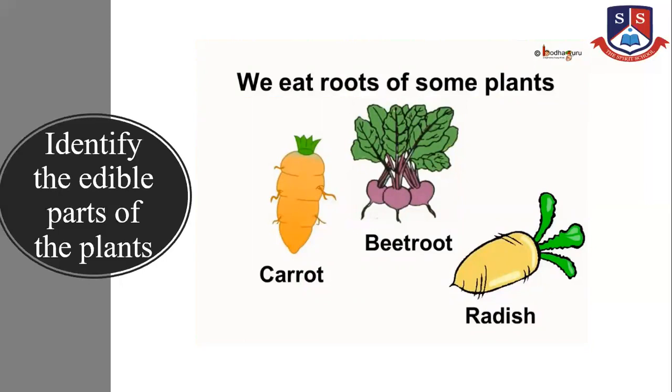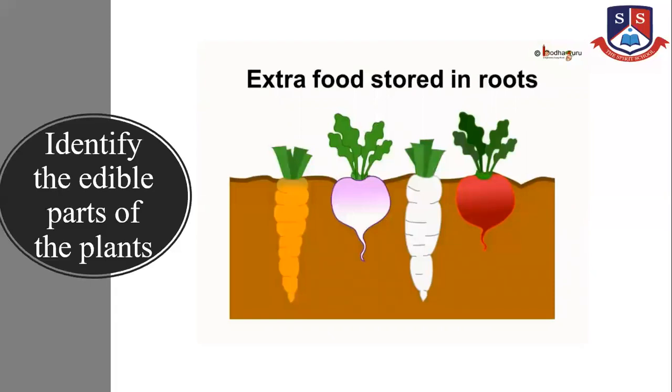They are all swollen, unlike the roots of other plants. So, why are the roots of these plants swollen? Let us try to understand this. The carrot, radish, beetroot, turnip plants store their extra food in their roots and hence it becomes swollen and we eat these roots. That is the extra food of the plant.